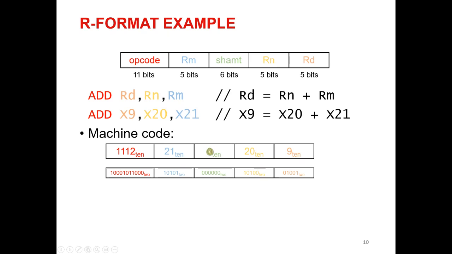If we convert 0 to binary, it is 0, but we need to fill the 6 bits, so we just fill it with 6 zeros. If we want 21 in binary, we have this number, and the same for 1112. Okay, so this will be the machine code equivalent to this instruction here.